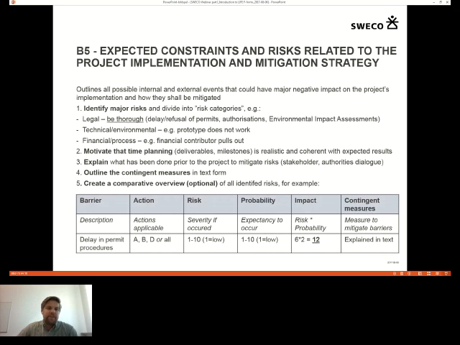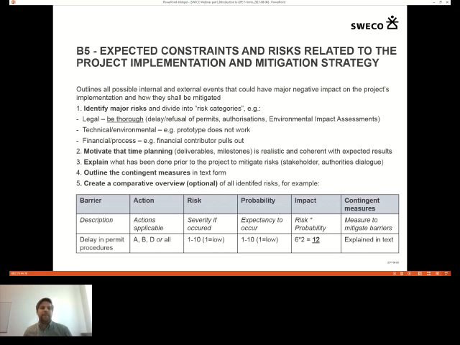Of course, financial and process issues of the project are also important. For example, that one financial contributor pulls out and you don't get the funding that you were expecting, or one of the partners goes bankrupt, or there is a major delay in the project because one of the partners does not deliver the results or the reports this organization should do.